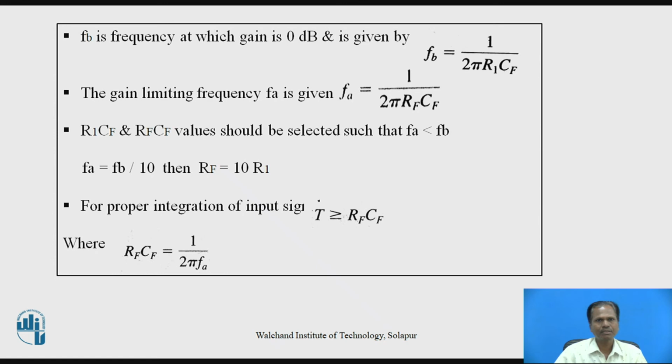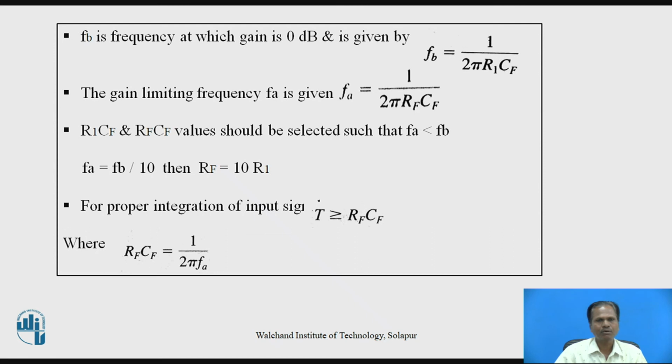So Fb is the frequency at which gain is 0 dB and is given by Fb equal to 1 upon 2 pi R1 Cf. The gain limiting frequency Fa is given by 1 upon 2 pi Rf Cf. So R1 Cf and Rf Cf values should be selected such that Fa is less than Fb for proper integration of the input voltage signal.